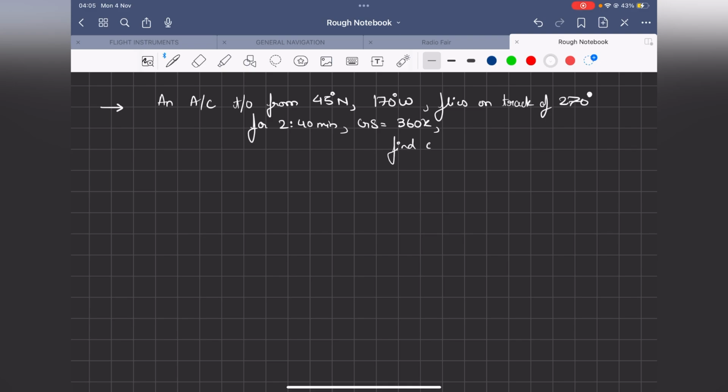Find coordinates of destination. Alright, so take a moment, pause the video, think about how you solve this, and let me know your answers in the comments below. I'll leave this, pause the video.